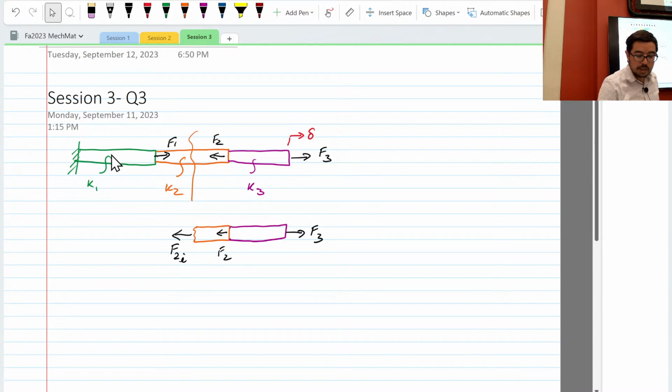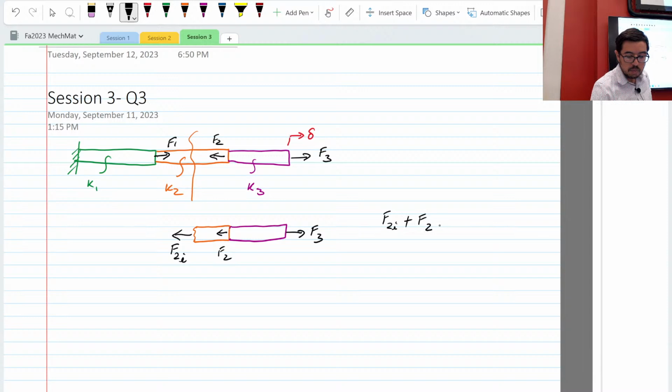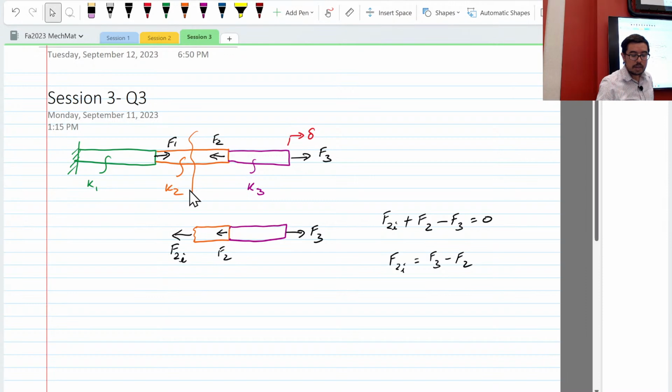So in this case, if I call F2i positive, I have F2i plus F2 minus F3 equal to 0. So F2i is equal to F3 minus F2. So this is the internal force.